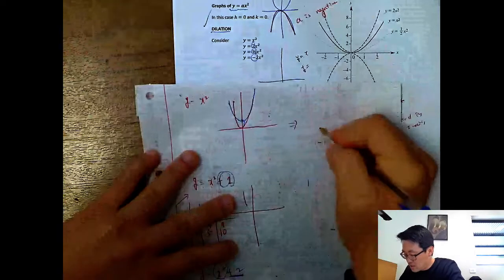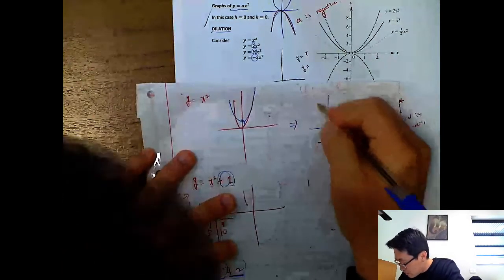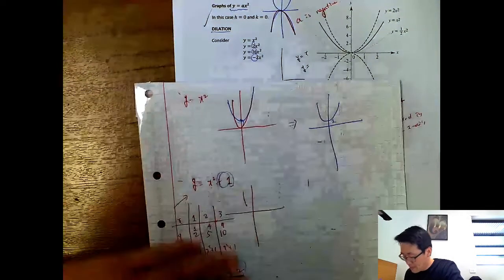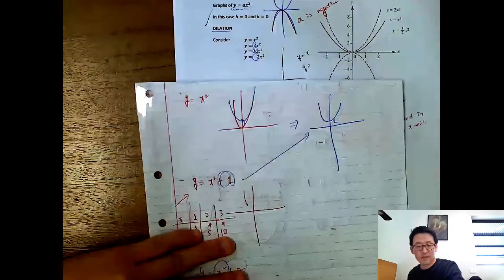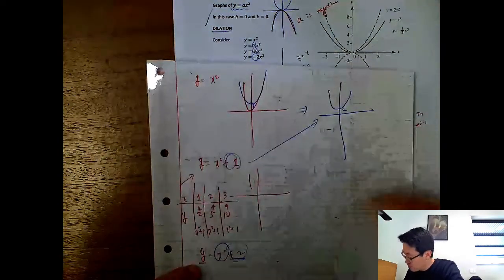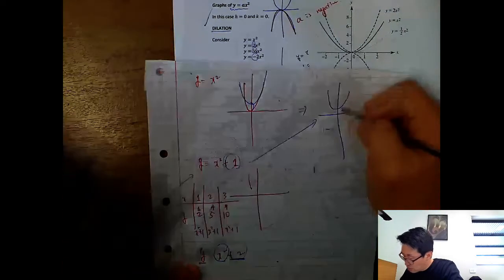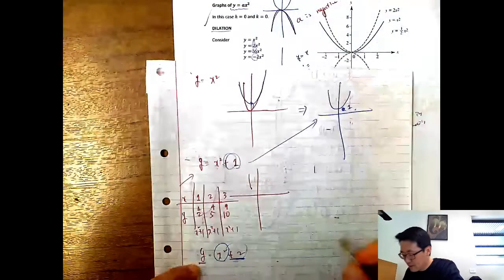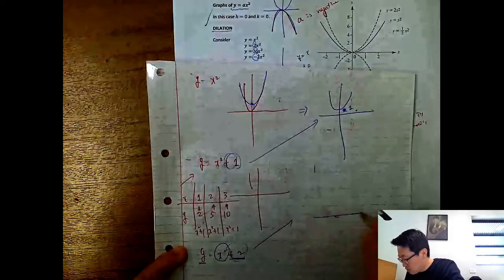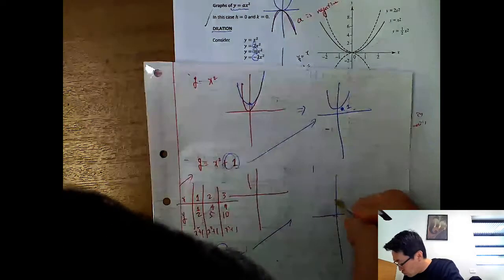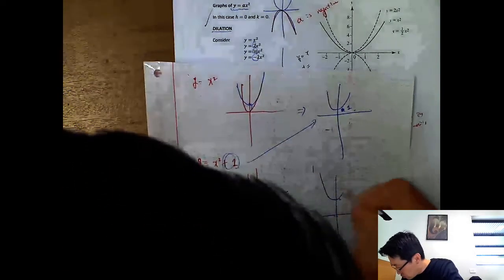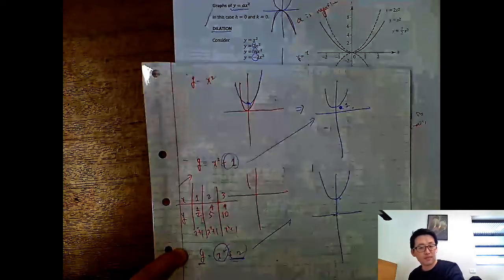So it translated this way. That's how it looks. Make sense? Oh, that's 1, sorry guys. This one is 2. That's how they look.